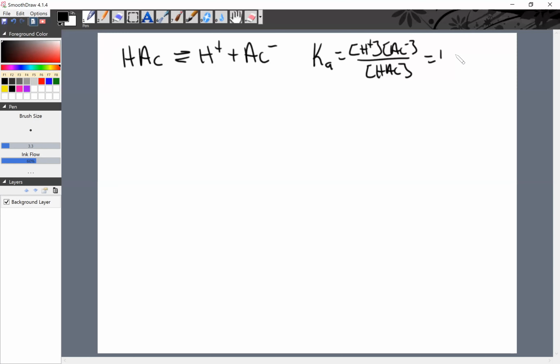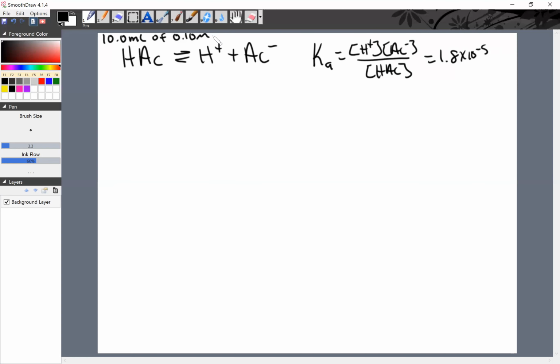Yes, we can. On the orange pages, the Ka is 1.8 times 10 to the minus fifth. And then as part of the problem, in this particular problem, we have 10 mL of 0.10 molar. Now I have to fill out my ICE table.